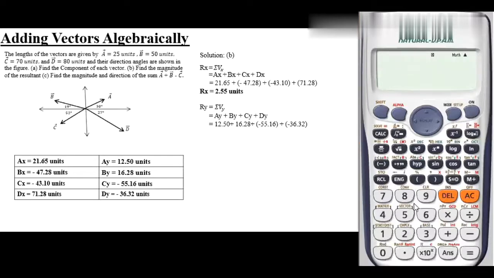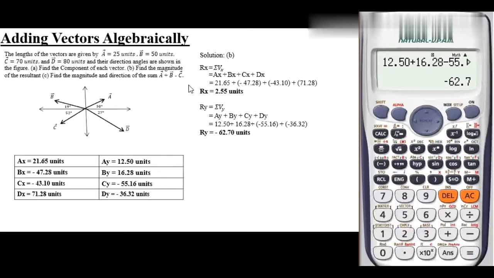Okay? Input natin sa calculator, 12.50 plus 16.28 minus 55.16 minus 36.32. So Ry is equal to negative 62.70 units. Okay?